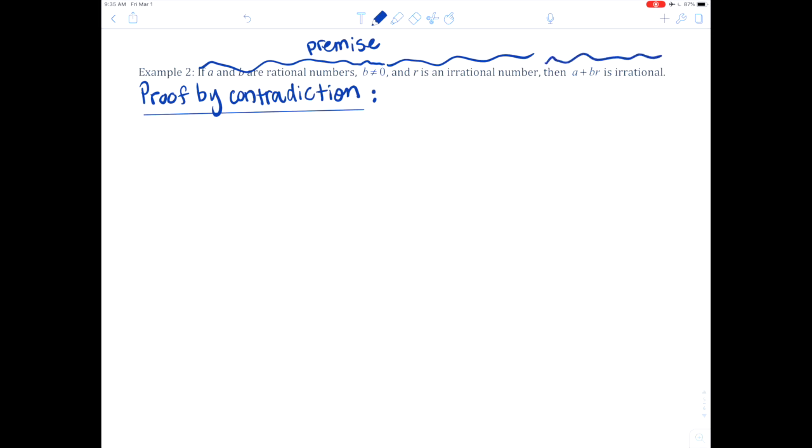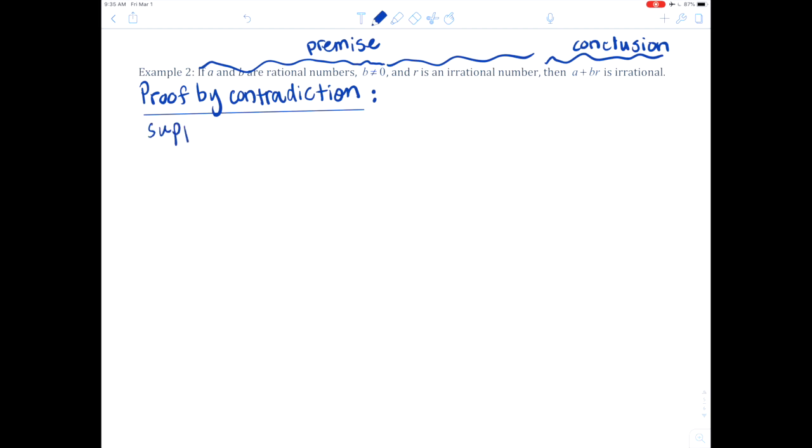And we suppose that the negation of this part is true. This is our conclusion. So you don't mess with the premise, but you suppose that the conclusion is the negation of it. And then you try to find a contradiction.